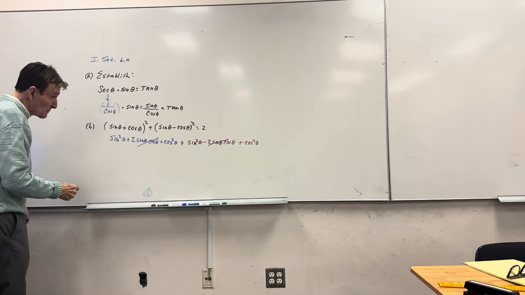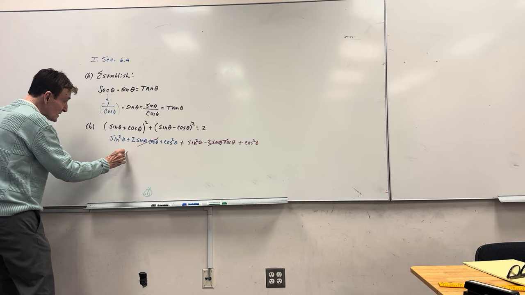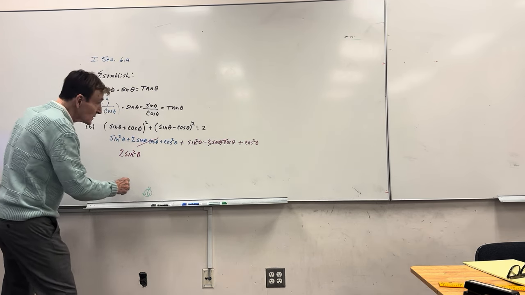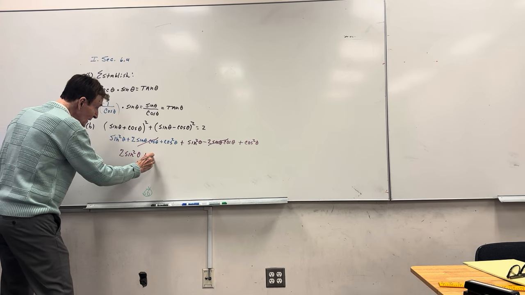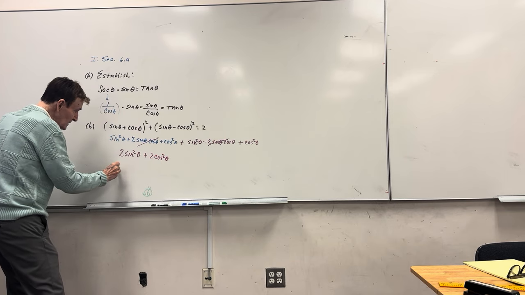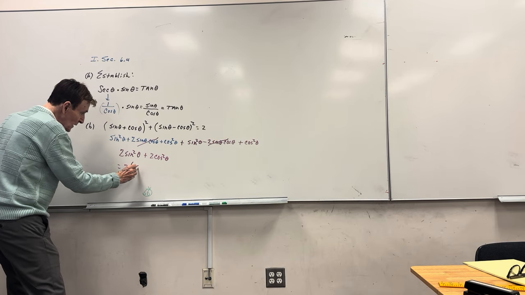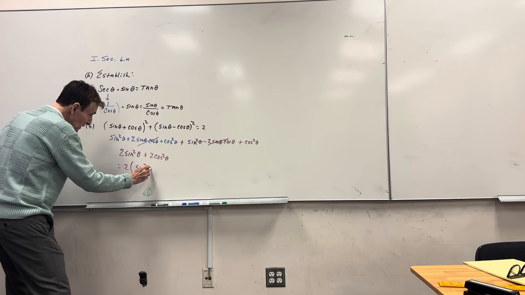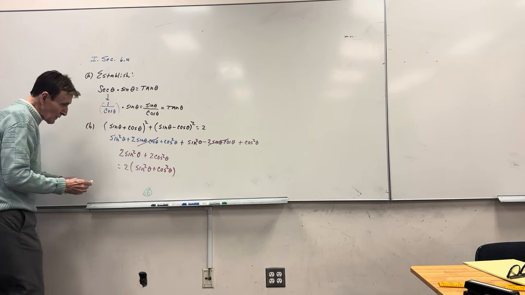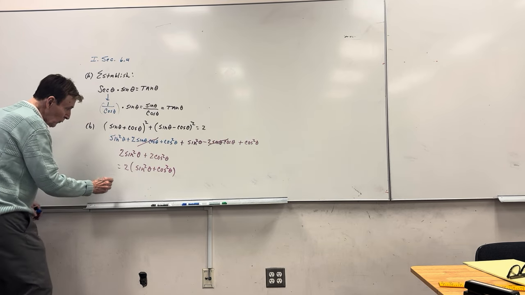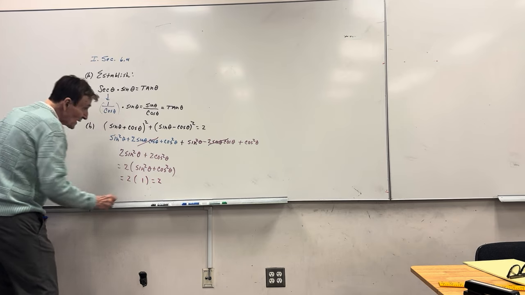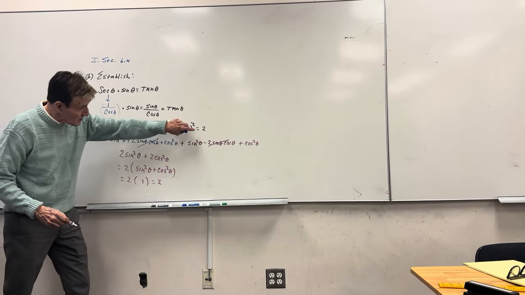I see some like terms to put together. I see 2 sine squared terms plus 2 cosine squared. And I can take out a common factor of 2, make this look really nice. And all of a sudden, we get something I recognize, which is what, 1? Yeah. And 2 times 1 is equal to 2. And you've established this.